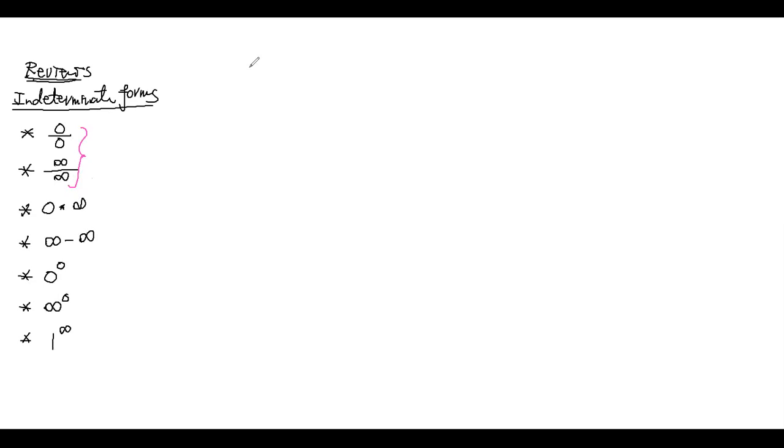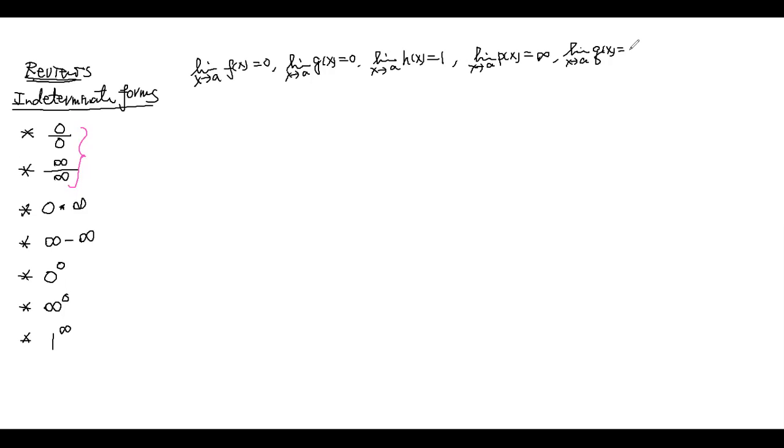Okay, for this problem, we have a few given conditions. The limit as x approaches a of f of x equals 0, the limit as x approaches a of g of x equals 0, the limit as x approaches a of h of x equals 1, the limit as x approaches a of p of x equals infinity, and the limit as x approaches a of q of x equals infinity.